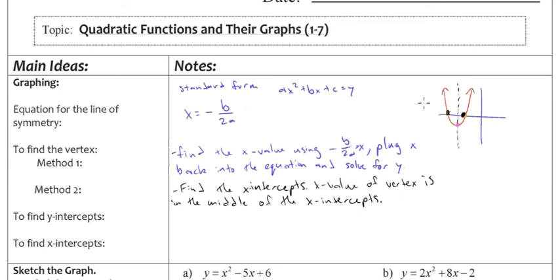All right. Now to find your y-intercepts, and this is not specific only to quadratic functions, this is for any type of graph that you will ever have. How do you find your y-intercepts? Well, you plug in 0 for x, then solve for y.